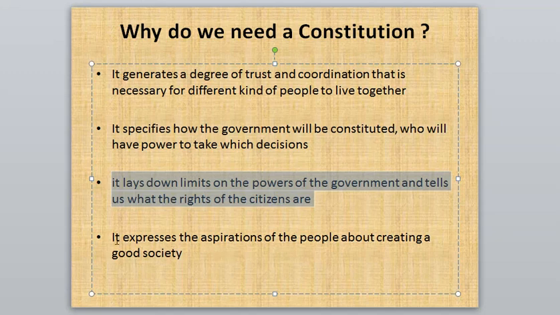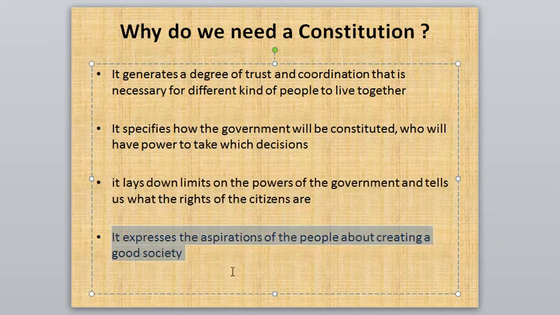Now, the fourth one says that it expresses the aspirations of people about creating a good society. We will study in this chapter that the Constitution starts with a preamble, which is just a gist of the Constitution. Constitution का जो पूरा सार है, that is in the preamble.